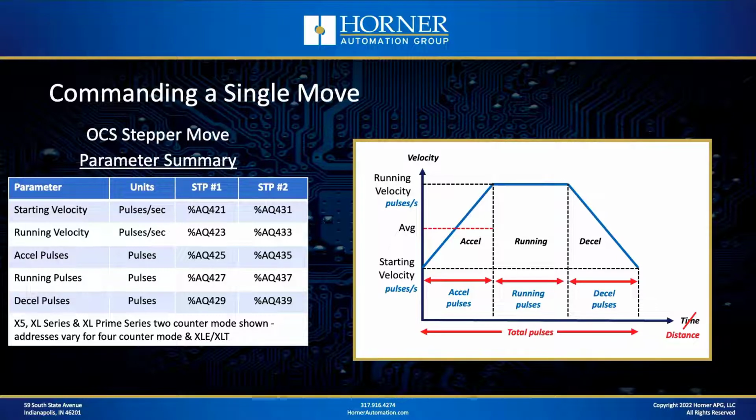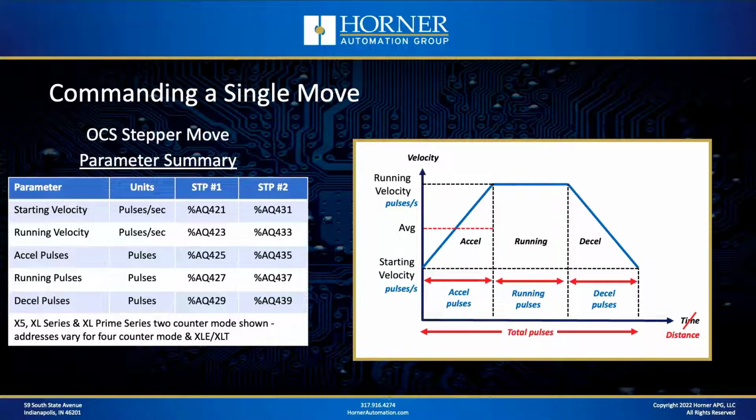Stepper number 1 has real-world I/O allocation as shown in the 3rd column of the chart, and stepper number 2 has the allocation as shown in the 4th column. And all of those parameters, starting velocity, running velocity, accel pulses, running pulses, and decel pulses, are all double integers in the application.